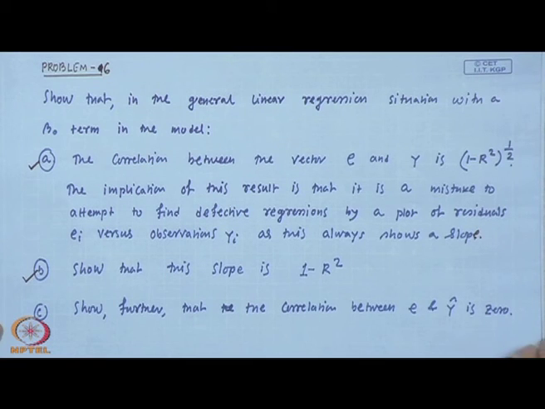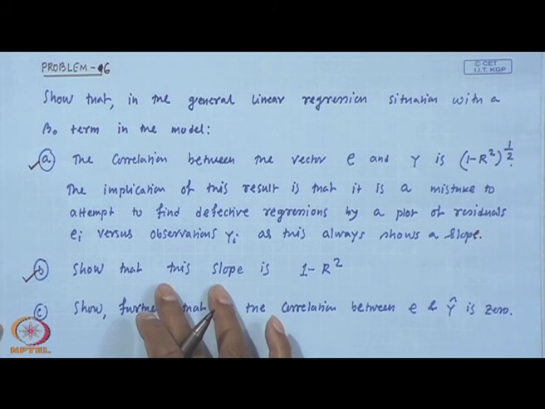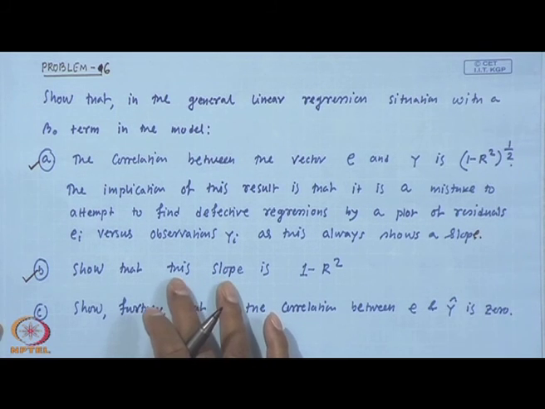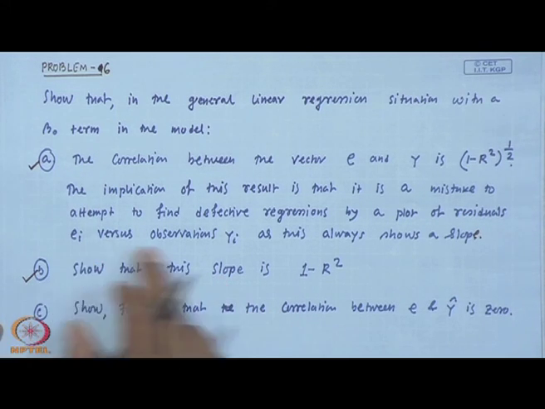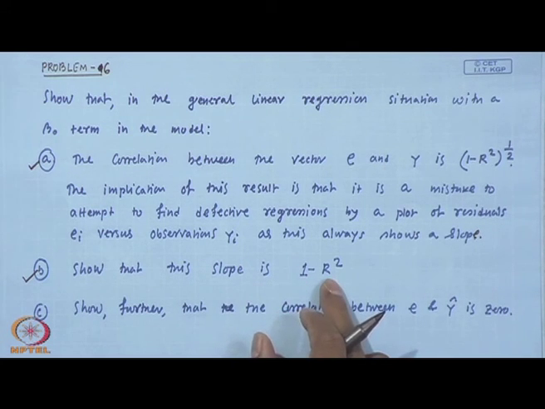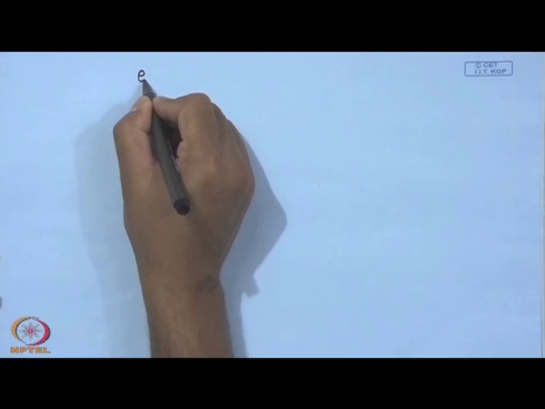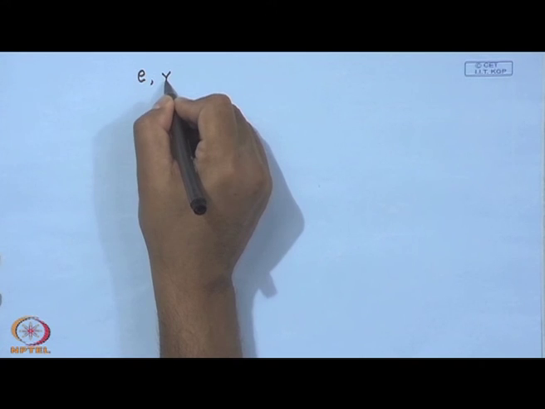Now the second part says that this slope is 1 minus R square. The meaning of this is that if you fit a linear relationship between E and y, the slope is going to be 1 minus R square in that linear fit. So let me fit a relation between E and y.